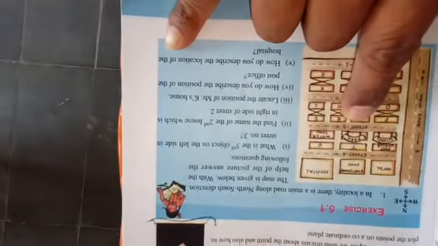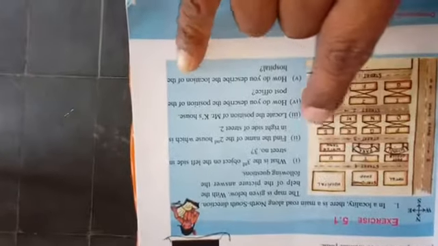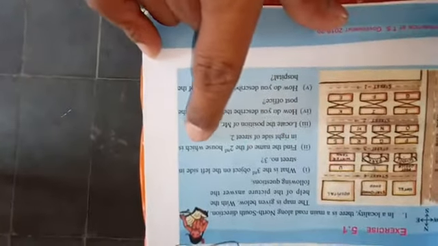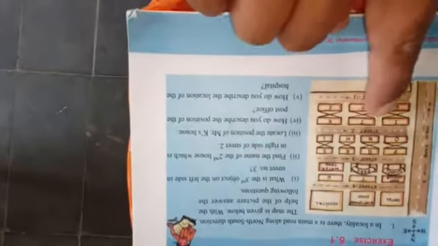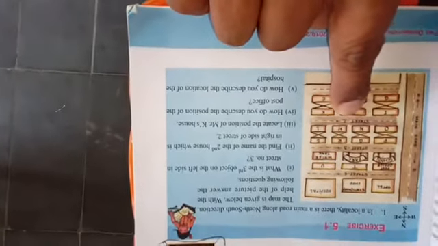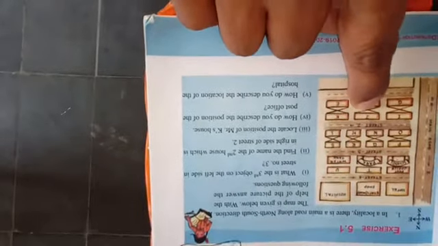Okay, street number 3. What is the third object on the left side? 1, 2, 3. The left side third object is the water tank. Find the name of the second house on the right side of street 2. Street 2, right side, second house: J.